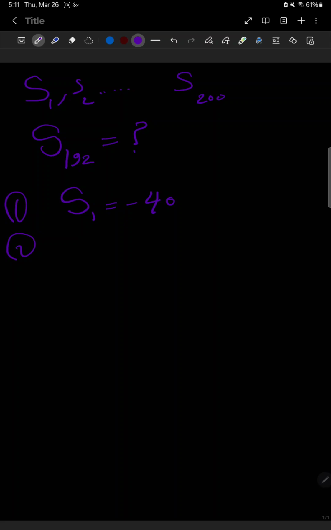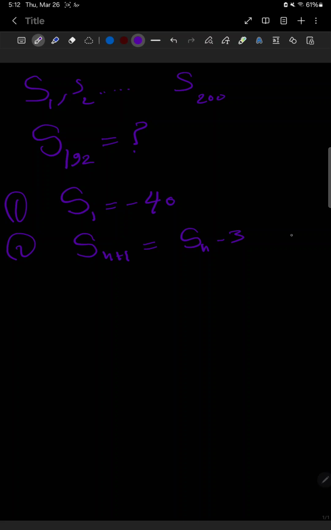Statement 2 says that each term of S after the first term is 3 less than the preceding term. So he gave me a relation: S(n+1) would be 3 less than the previous term, so Sn minus 3.